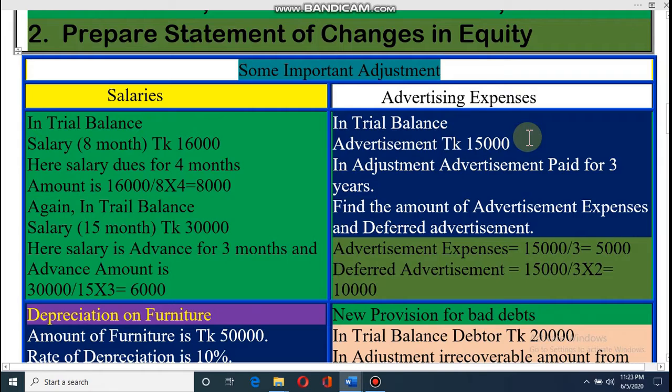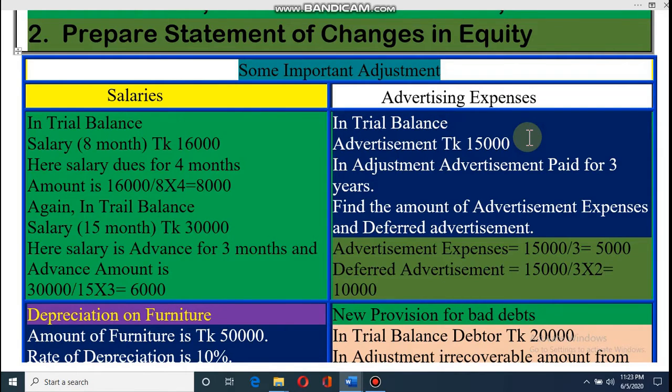Please listen carefully. Dear student, last class you know that we have completed our income statement for merchandising business. And from that statement we can find out the profit of the organization. But you know that there are some adjustments in the question.